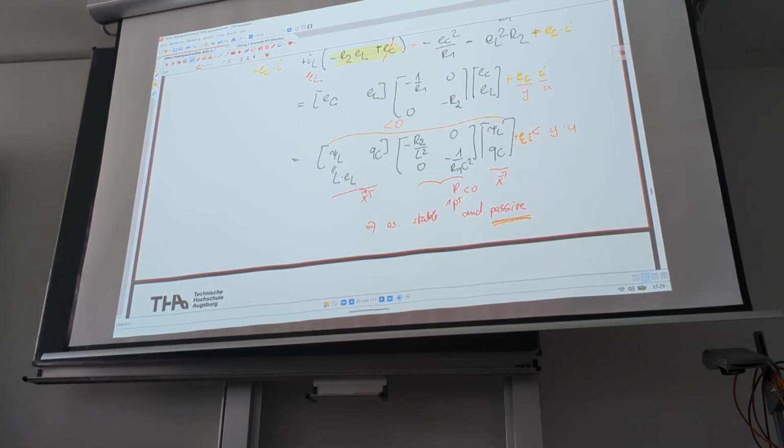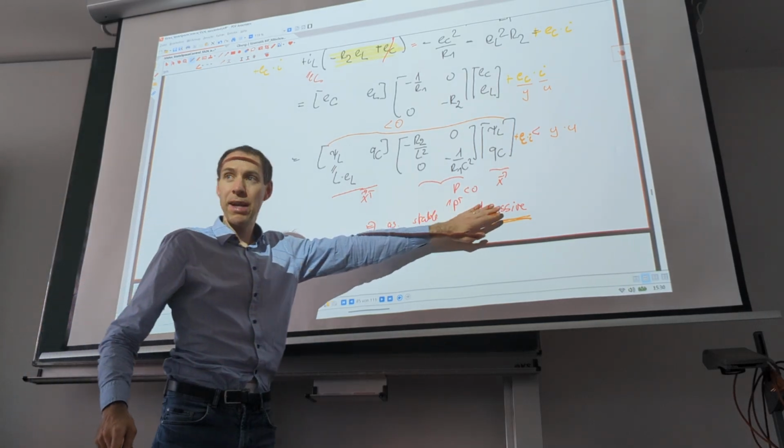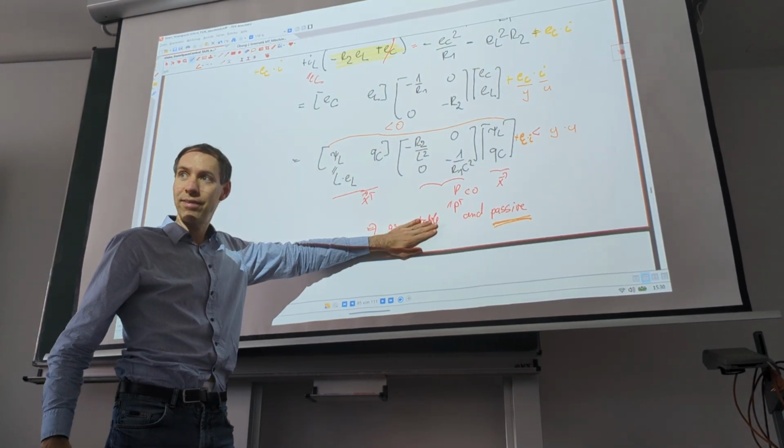So you could have a system that's asymptotically stable and not passive then, could you? Asymptotically stable, but not passive. That wouldn't make any sense. If the system is passive, it is also at least stable.